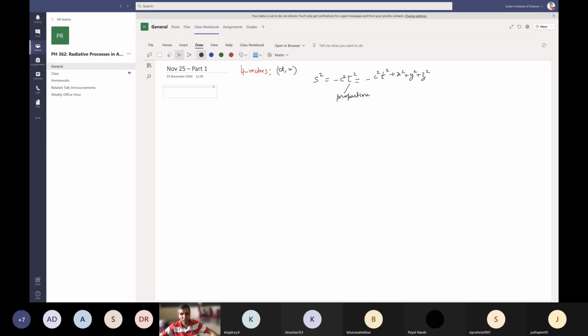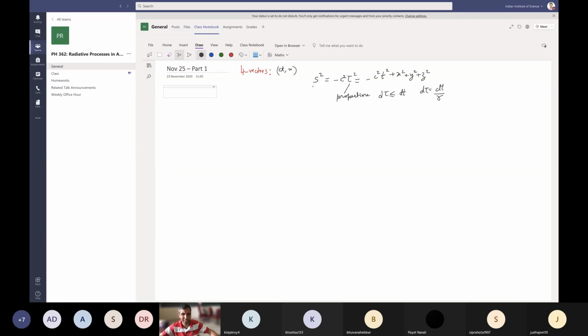This d tau is always less than or equal to dt, and in fact d tau equals dt by gamma, right? So this is proper time. This is the shortest. So the time measured in the rest frame is the shortest, and in other frames the time scale which you measure becomes longer and longer.